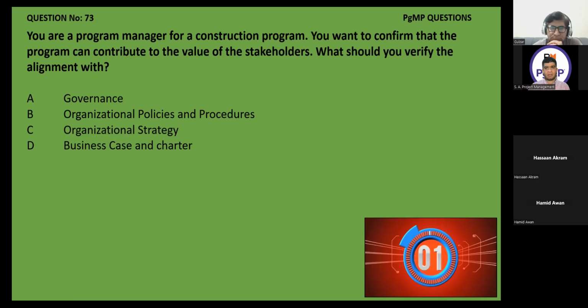From the business case we get what the value is, what the economics of the project is, the economic feasibility. And charter gives us the overall timeline. So from the business case, I thought the value to the stakeholder comes from there. So that's why I took D, business case and charter.